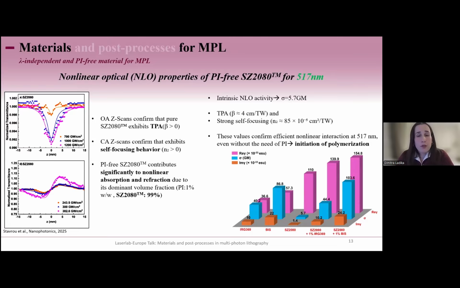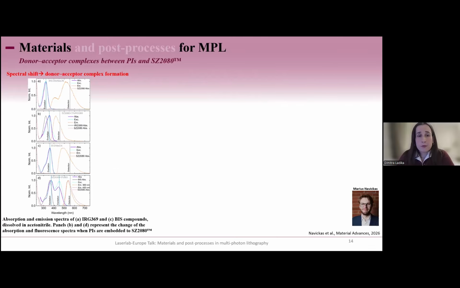However, we can go even a bit deeper in these measurements. What we have been observing through the years of characterizing Z2080 through simple linear techniques like absorption spectra is that we always see a spectral shift in emission and absorption when the PI is included in the material.